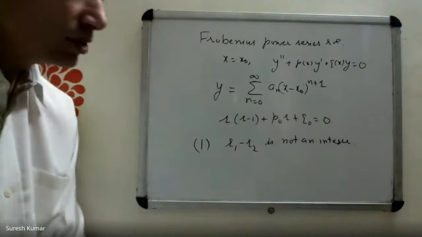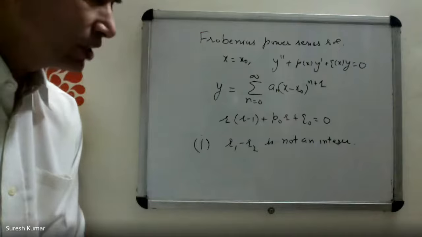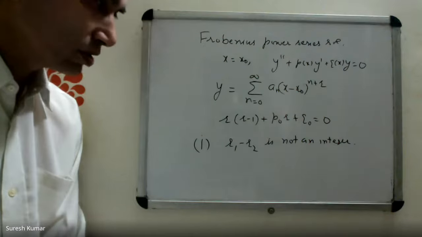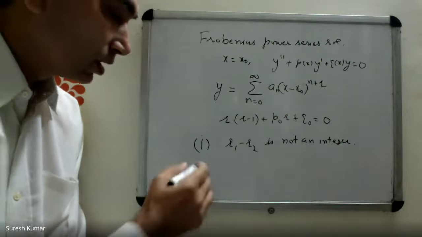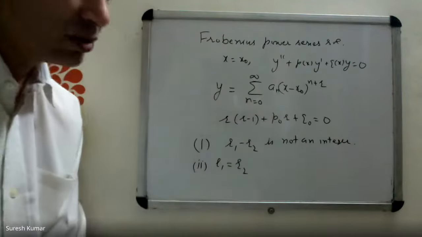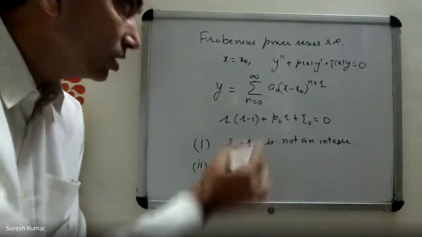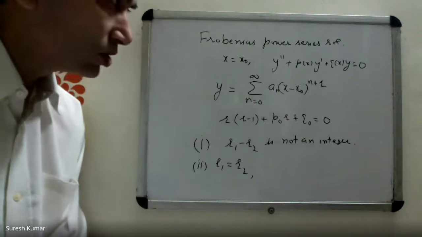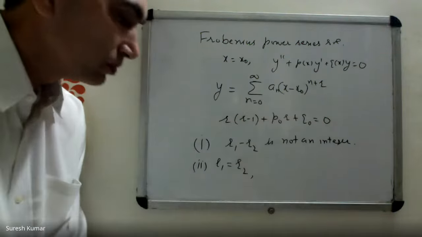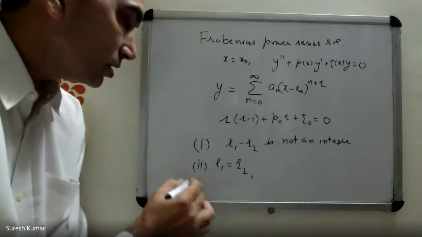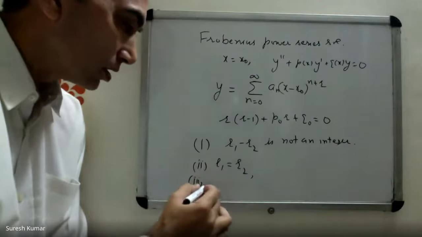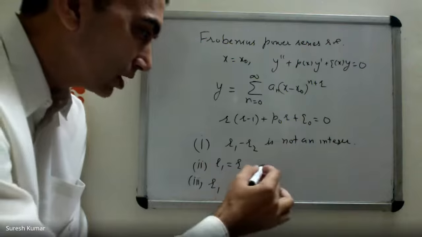In that case, you have two linearly independent solutions, which means Frobenius power series solutions. If r1 equal to r2, in that case only one Frobenius power series solution, a series solution of this type.